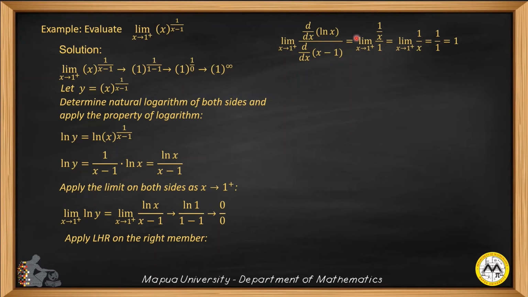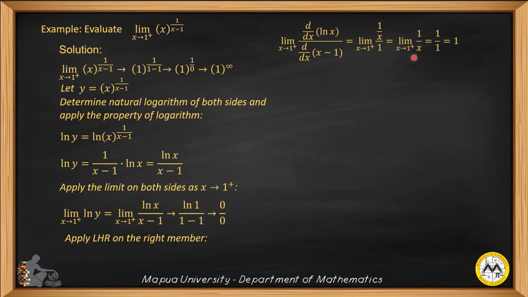So we now have to evaluate the limit of 1 divided by x all over 1 as x approaches 1 from the right. Or simply, evaluating the limit of 1 over x as x approaches 1 from the right, giving us a 1.